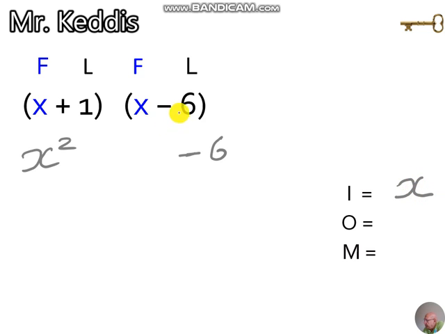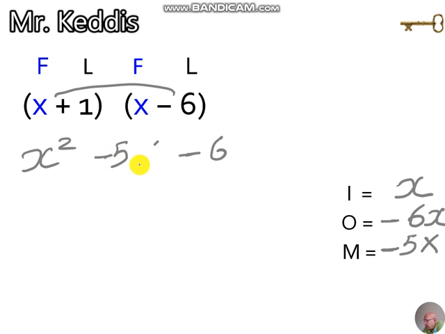The outer term, which is negative 6x. I have a negative and a positive. I take the sign of the higher number. 6 is higher than 1, which means the sign is negative. I have different signs, one positive, one negative, which means I subtract. 6 minus 1 is 5x. Negative 5x.